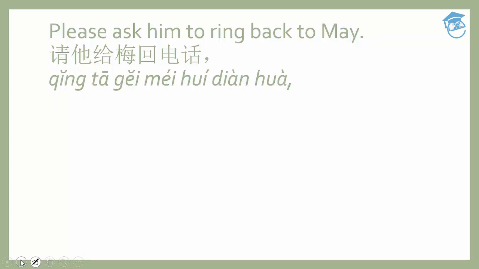May expresses the message she wants Xiao Li to pass to Mr. Smith. She says, please ask him to ring back to May. 请他给梅回电话. In the translation it is, please ask him to May return the phone. So it may be a bit weird, but because 请他, sometimes it's used as invite. So 请他 is like, please get him to do something.